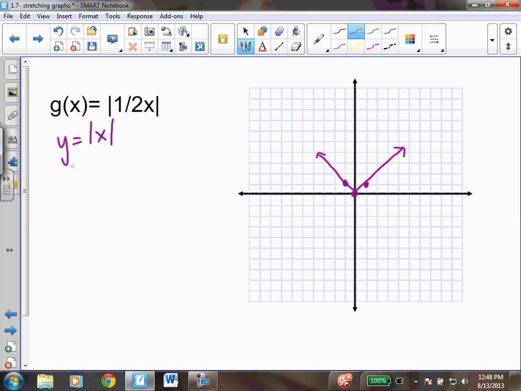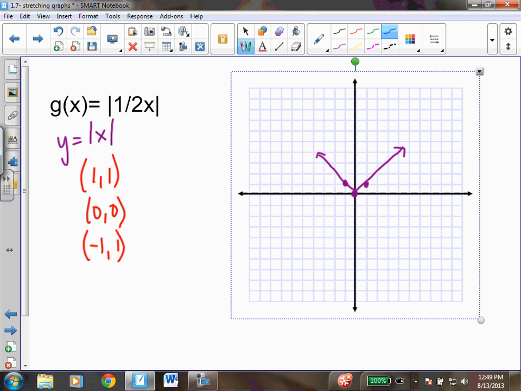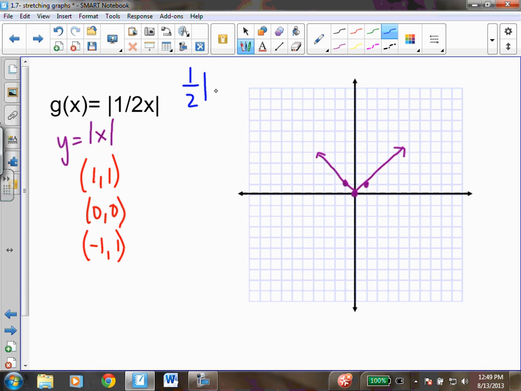Again, I find it helpful when I'm dealing with stretches to write out my points. Now, since this 1/2 is inside of the function, as opposed to outside the function, this is a horizontal stretch.